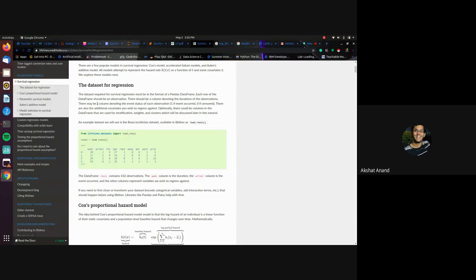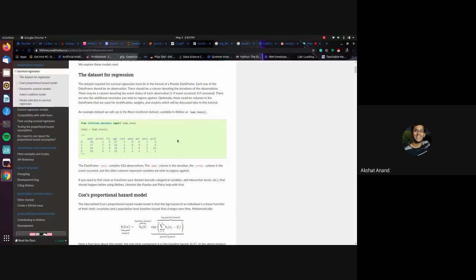There may be a column denoting the event status of each observation, where 1 means the event occurred and 0 means censored. There are also additional covariates you wish to regress against. Optionally, there could be columns in the data frame used for stratification, weights, and clusters, which can be included. This is not included in this question.